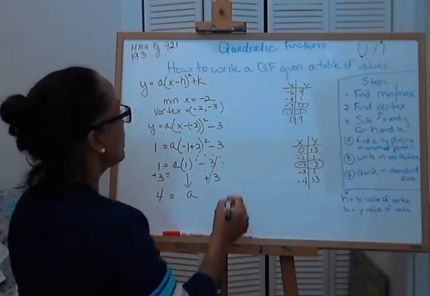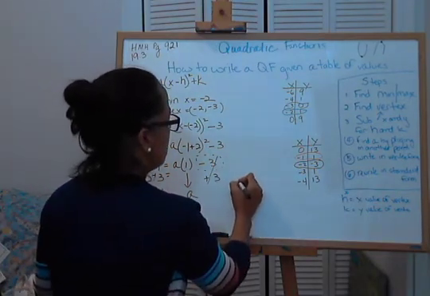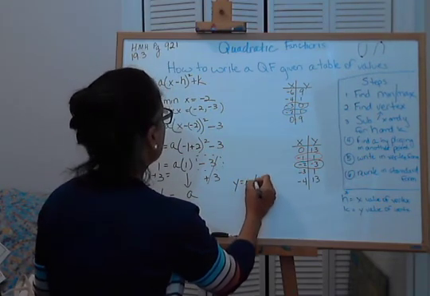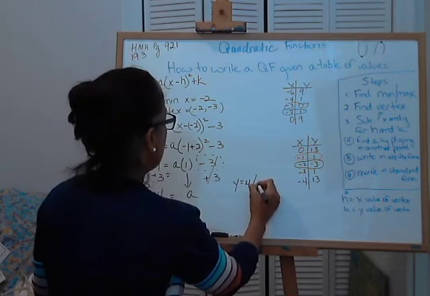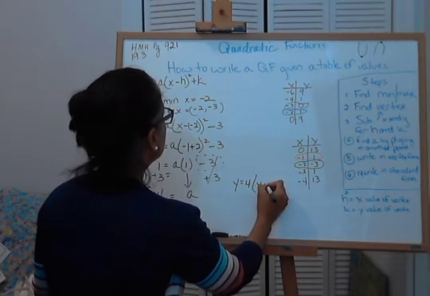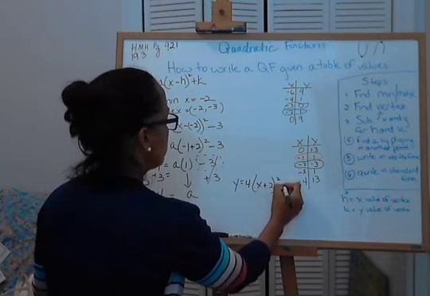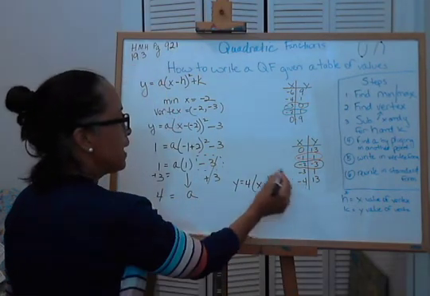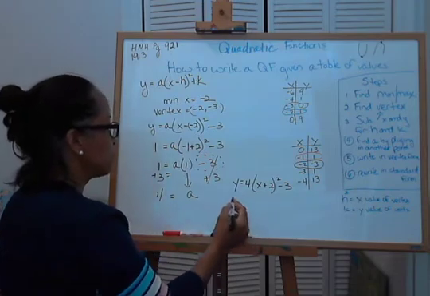So now I can write this in vertex form: y equals 4 times (x plus 2) squared minus 3. I have to now rewrite this in standard form.